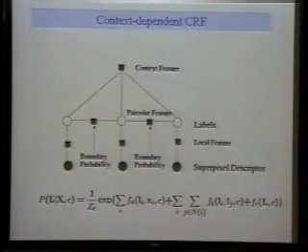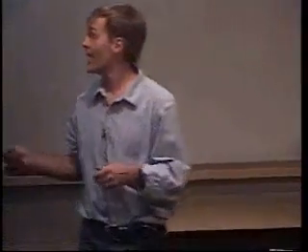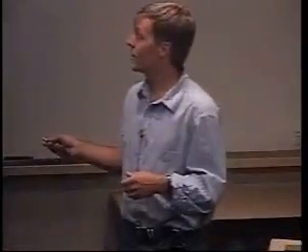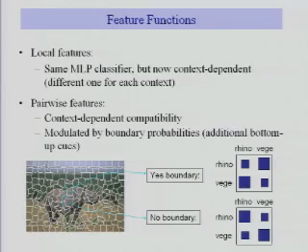All right. So, for example, we just took code from the Berkeley group, Malik's group, where they have this Pb that they estimate. What's the probability of a boundary between two pixels? And that's based on low-level, intermediate-level cues. And we use that as an additional input to this, so that we can have different pairwise probabilities based on whether there's likely to be a boundary between those two or not.